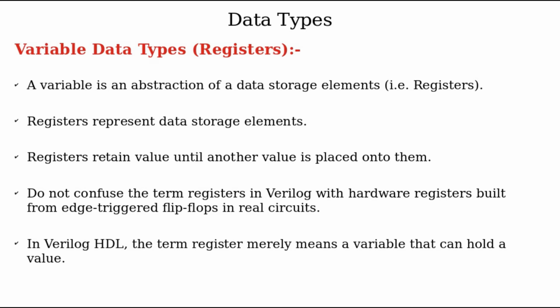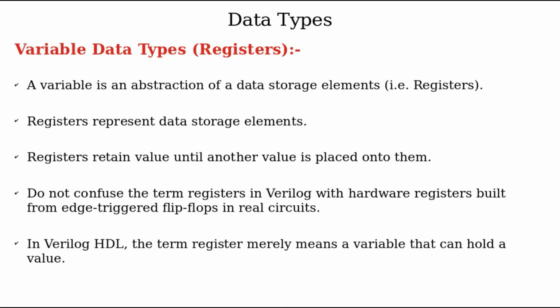The second data type is the variable or register data type. A variable is an abstraction of a data storage element, that is, registers. Registers retain data, which means a register retains its value until another value is placed into it.